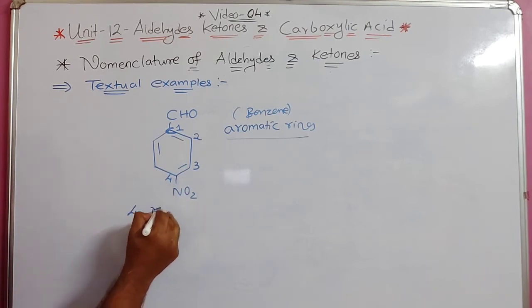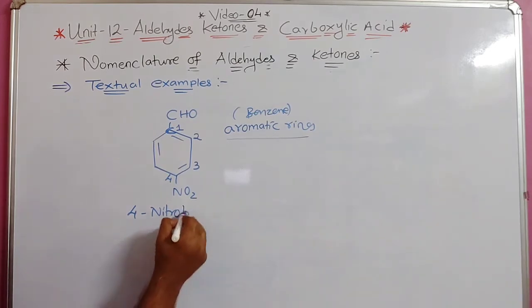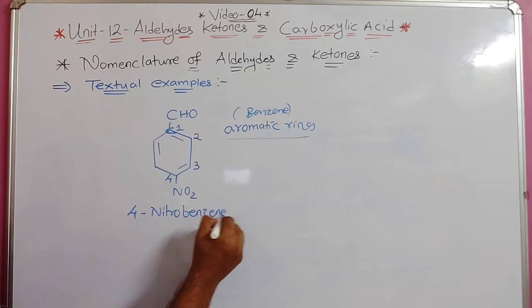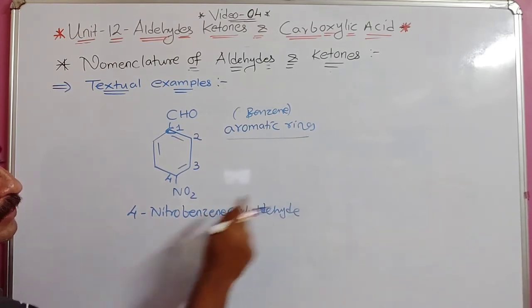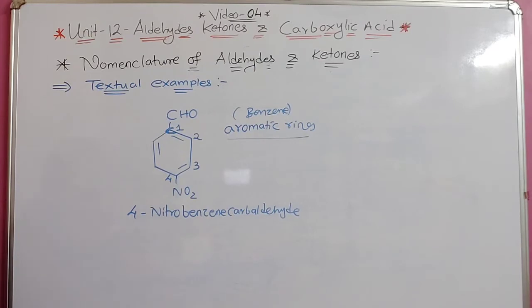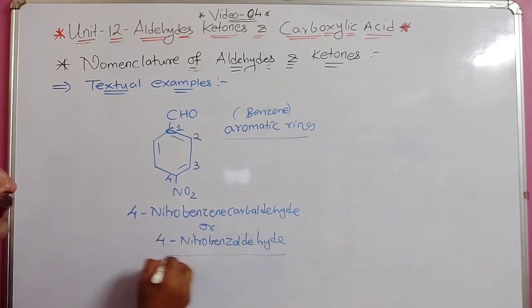So the name we write is 4-nitrobenzene carbaldehyde. Like cyclohexane carbaldehyde, the ring like this you can write, or the word benzaldehyde can also be used as an IUPAC name. So 4-nitrobenzaldehyde. Understood? Both names we gave are valid.